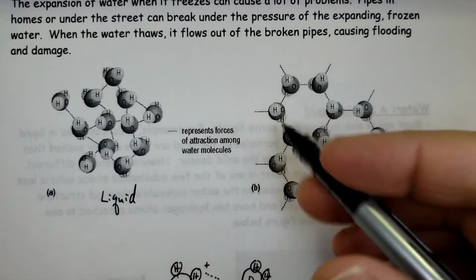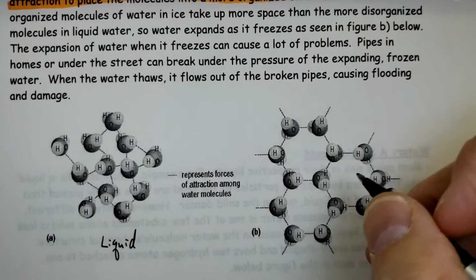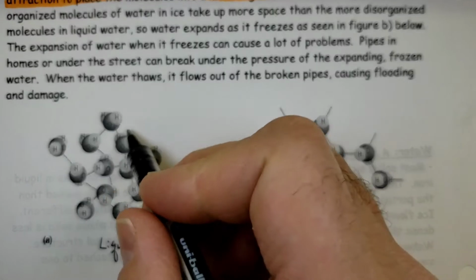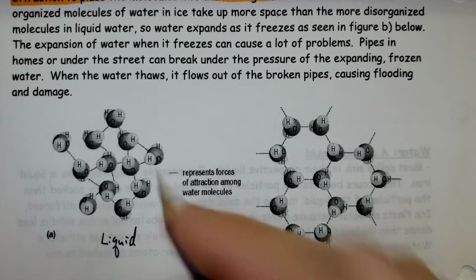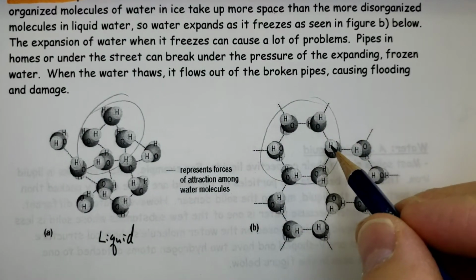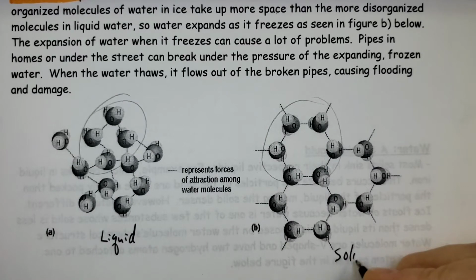So what happens is that they slow down, and the forces of attraction therefore can really act now because they're not moving very fast. And if I look at this area, the water molecules are fairly close together, whereas here they spread out because they make this crystalline structure.